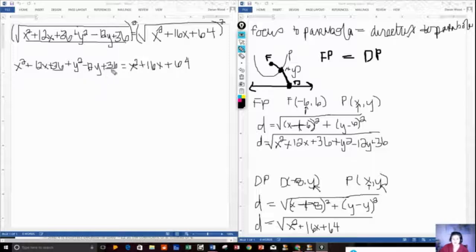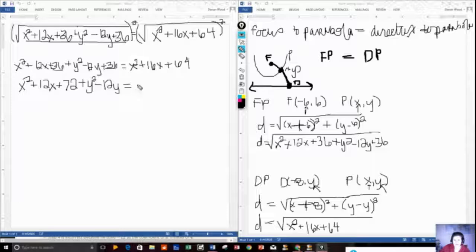Well, what's 30 plus 30? That's 60. And what's 6 plus 6? 12. So what's 60 plus 12? That's 72. So we're going to have x squared plus 12x plus 72 plus y squared minus 12y.